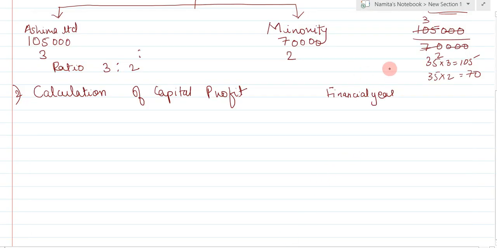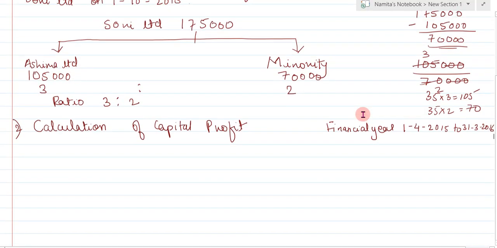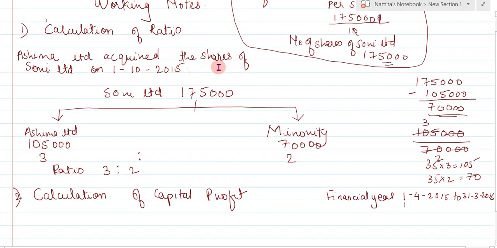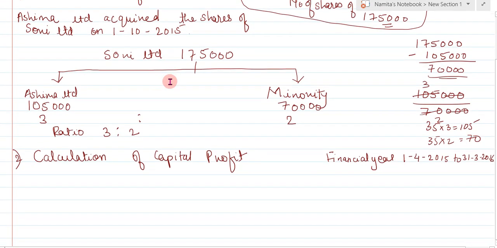So the opening of this financial year was 1st April 2015 and the ending is 31st March 2016. And in between the year, Anshima Limited acquired the shares of Sony Limited on 1st October 2015.